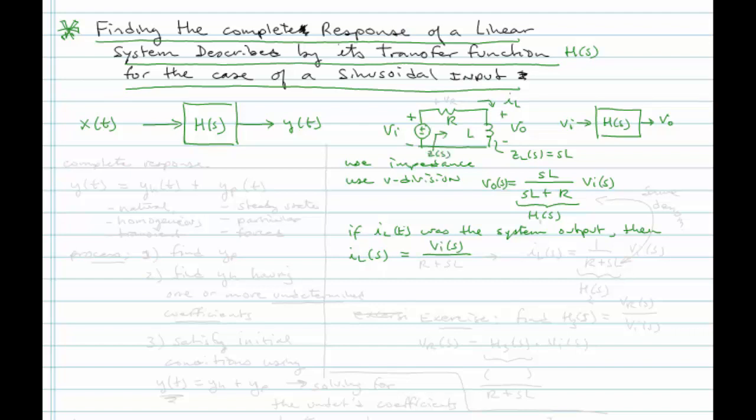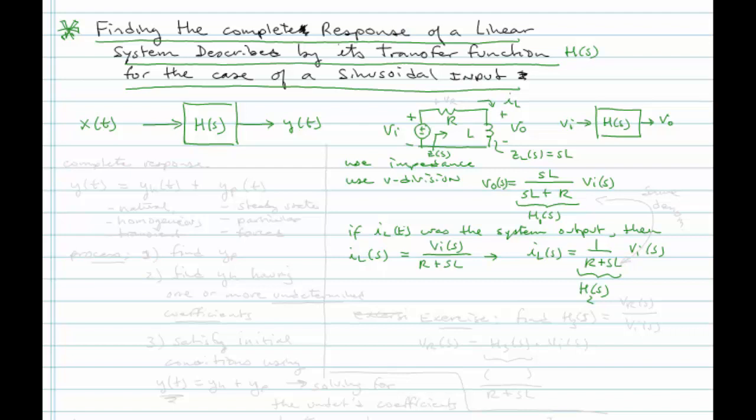So this would be my Z of s here. That impedance is nothing but R plus sL. So in this case, we would have that IL of s is equal to 1 over R plus sL times VI of s. And this would be our transfer function. Maybe I'll call this H1 and I'll call this H2.